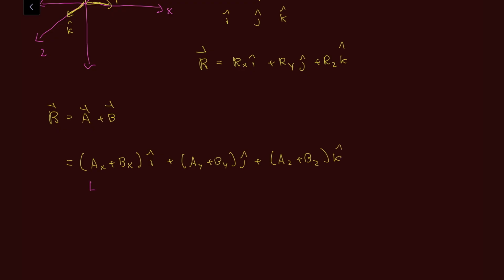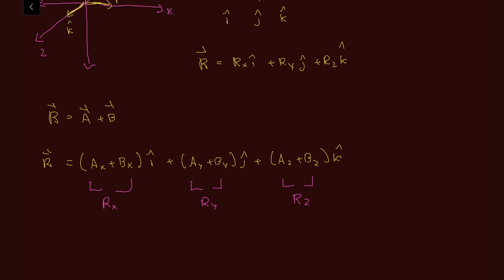And notice how these are just the x, y, and z components of our r vector. That is how you would do vector addition using these unit vectors.